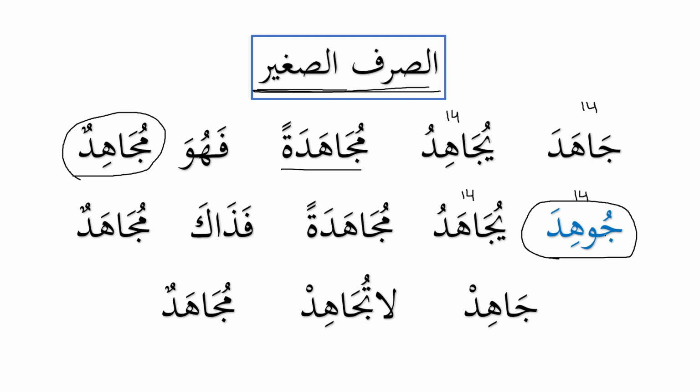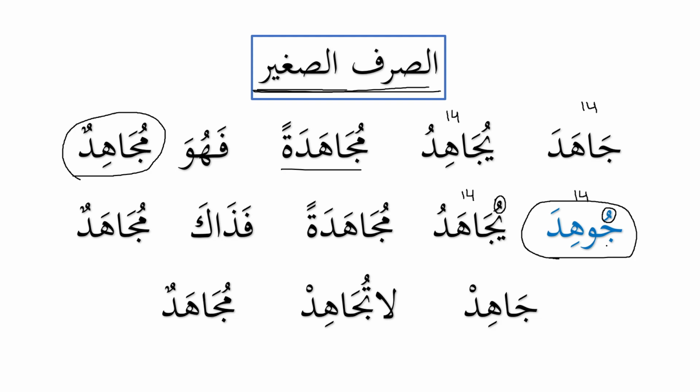And we know that the passive, whether passive for the present tense or the past tense, always starts with dhamma, right? You know that, right? That the passive always starts with dhamma, whether it is the present or the past. Okay.